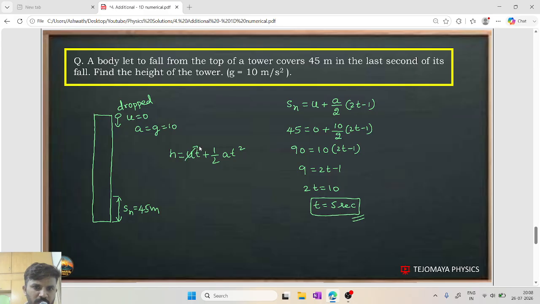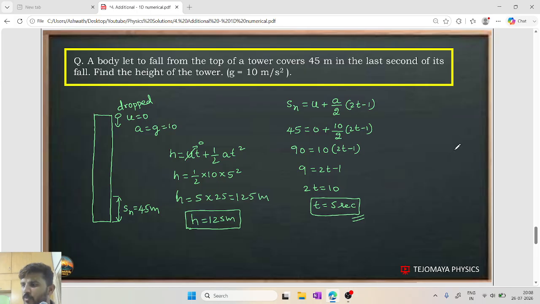So since initial velocity is 0, h is equal to half into g, which is 10, into 5 square. h is equal to 5 into 25, which is equal to 125 meters. So height of the tower is 125 meters. Correct, no? Yes. Moving on to the next question.